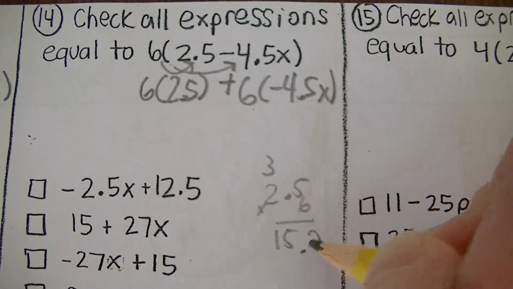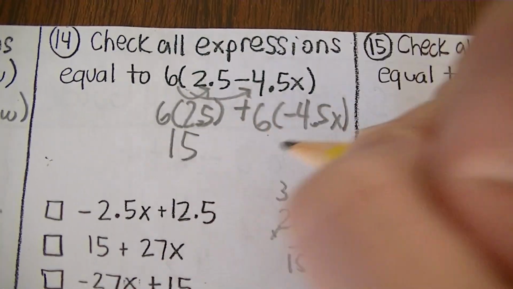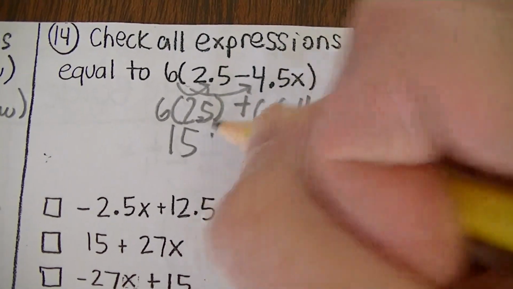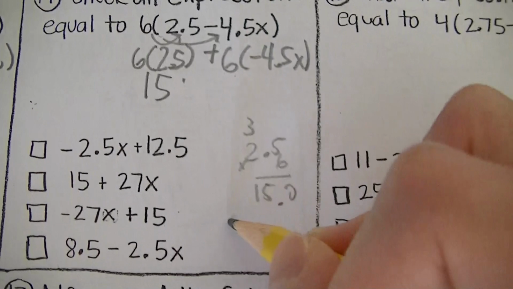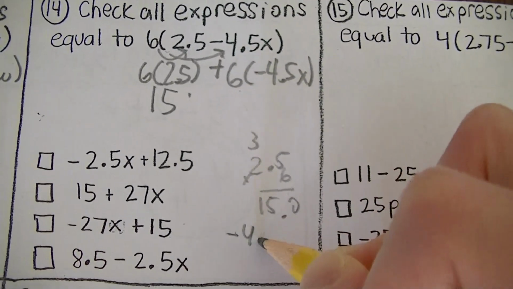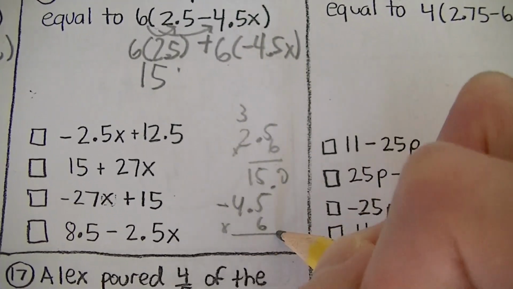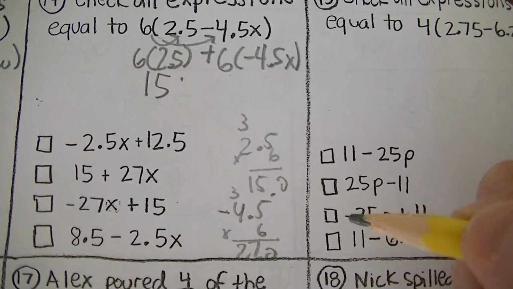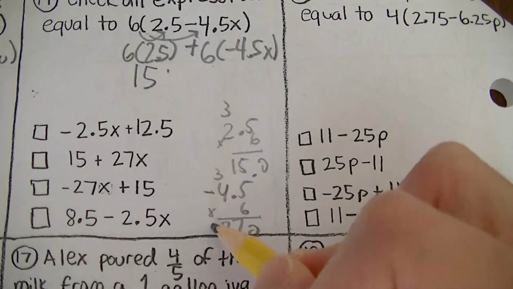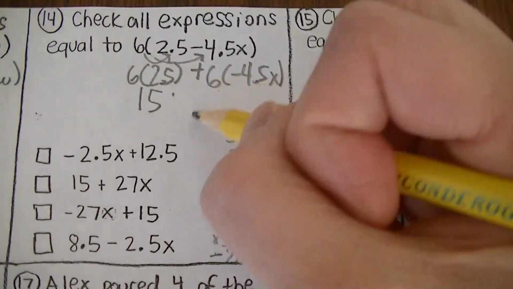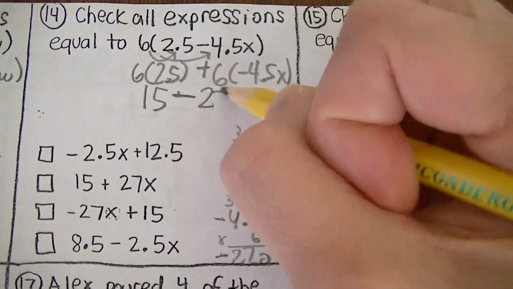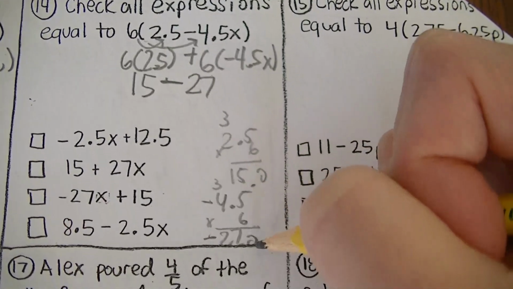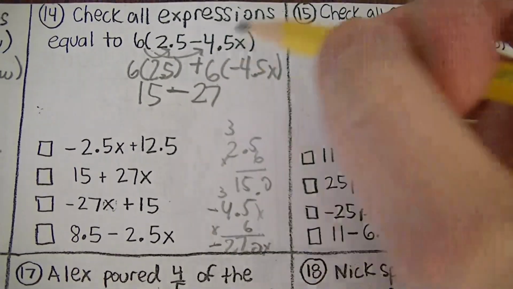So it's 15. And then we got 4 and 5/10 times 6. 27. Okay, so it's going to be negative because a negative times a positive is a negative. So this is really minus 27. And don't forget the x right there, because there was an x right there.